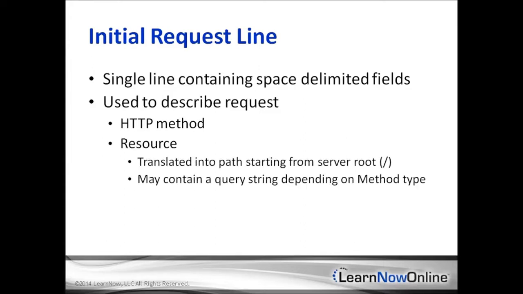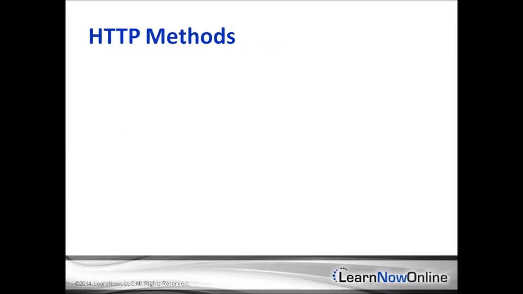Okay, so that's going to be a path to the resource, what you and I refer to as the URL, and it will also potentially contain query string information based upon the method type that you might be using. It'll also contain protocol version information, HTTP 1.0 or 1.1. 1.1 is by far the most common protocol that is being used on the web today.